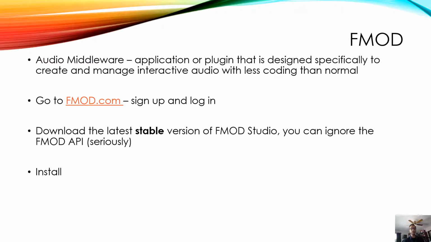Then when you go to download it, make sure you get the latest stable version. Do not get a testing version. They definitely are not stable. And you want FMOD Studio. You do not want FMOD API. That is not something we're going to be playing around with in this class. So latest stable version of FMOD Studio, download it, install it. That's it.